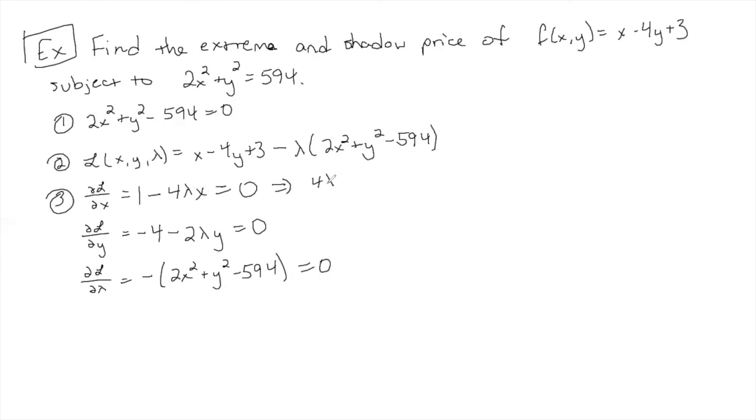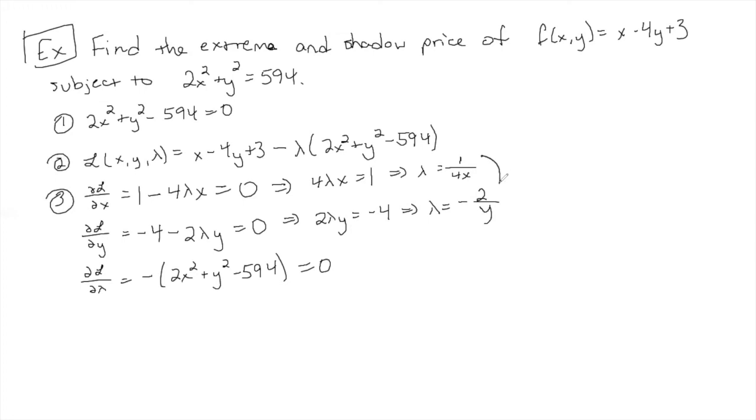All right, solving for lambda. I get 4 lambda x equals 1, which gives me lambda equals 1 over 4x. In this equation, I get 2 lambda y equals negative 4, so lambda equals negative 2 over y.